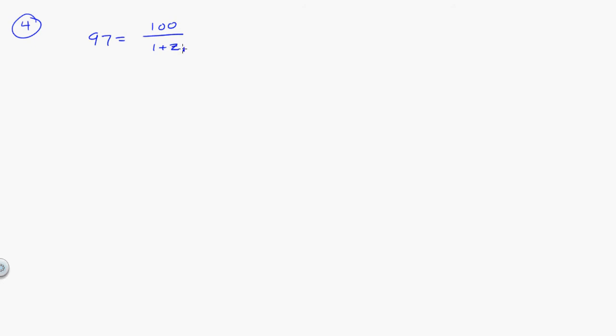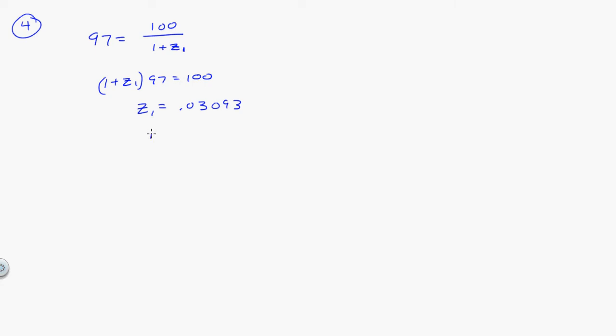And let's use Z1 here for the 6-month spot rate. So when I solve for Z1, I have 1 plus Z1 times 97 equals 100. I solve for Z1, and that's going to be 0.03093 or something along that line.